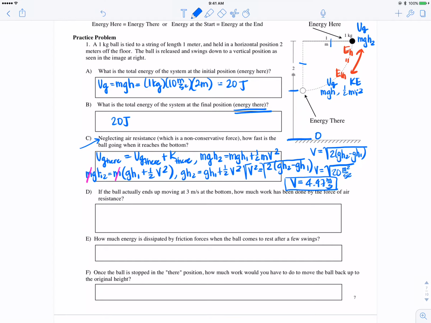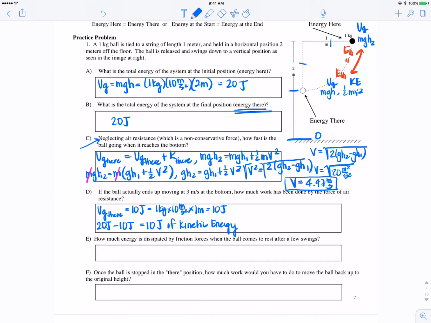So I know that the potential energy there was equal to 10 joules, because 1 kilogram times 10 meters per second squared times 1 meter equals 10. And if 20 joules have to be present, then there must be another 10 joules of kinetic energy.